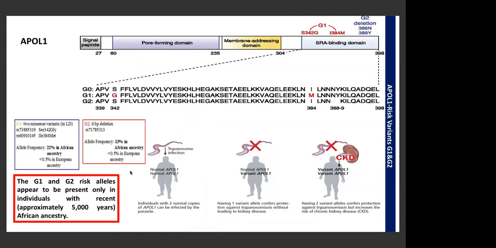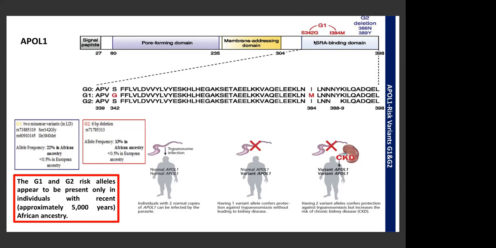Around 5,000 years ago, after the evolution of the trypanosoma, two mutations appeared in the APOL1 protein in the serum resistance-associated antigen binding domain, because it is the domain that helps in the neutralization of the trypanosoma, and the new species of trypanosoma bind to it and cause the infection.